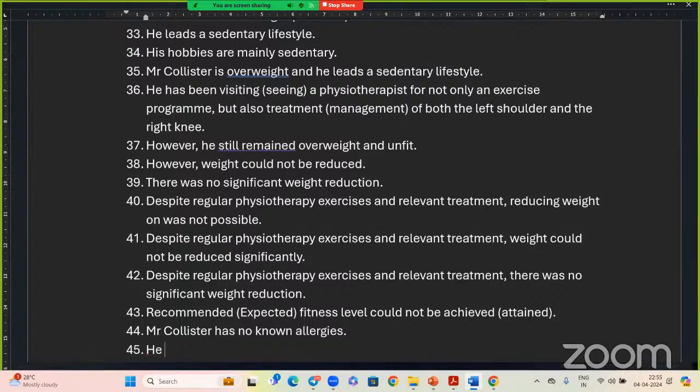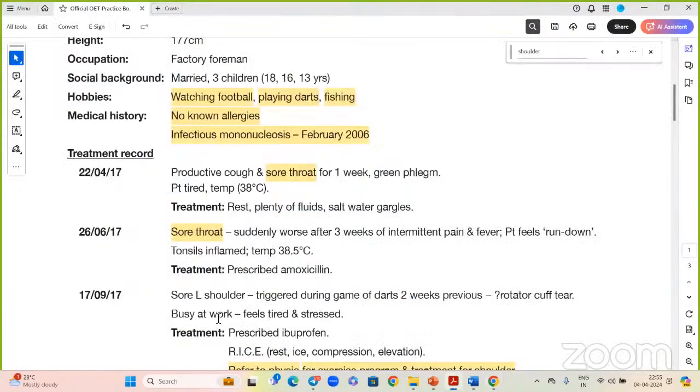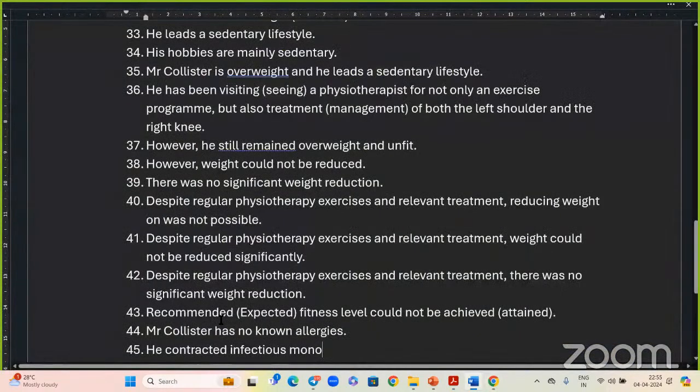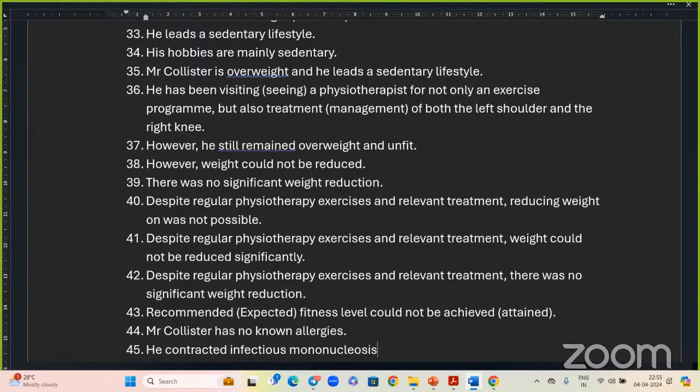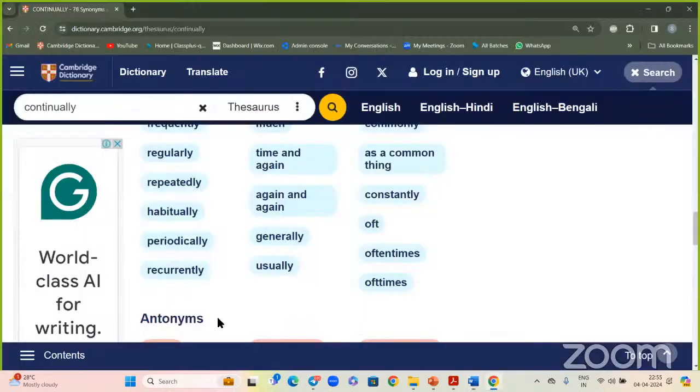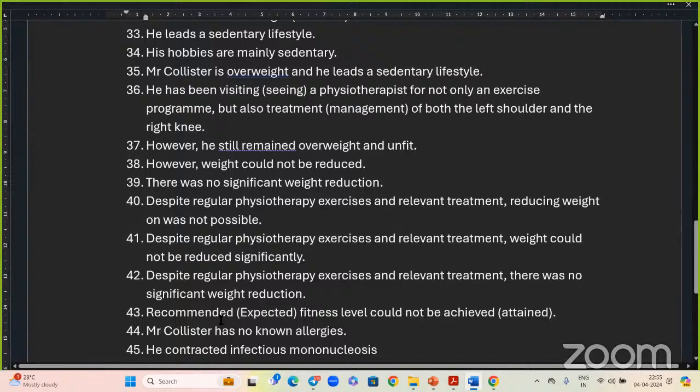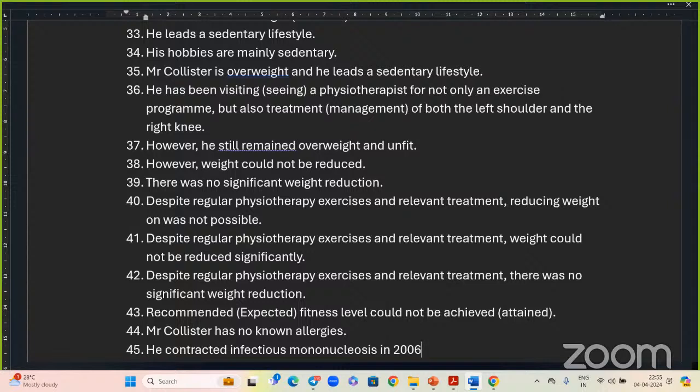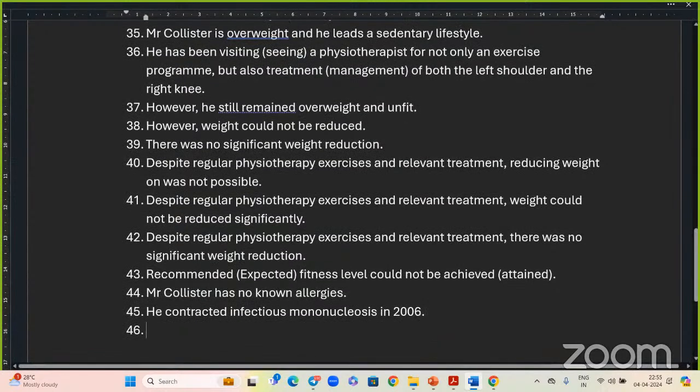He contracted infectious mononucleosis in 2006.